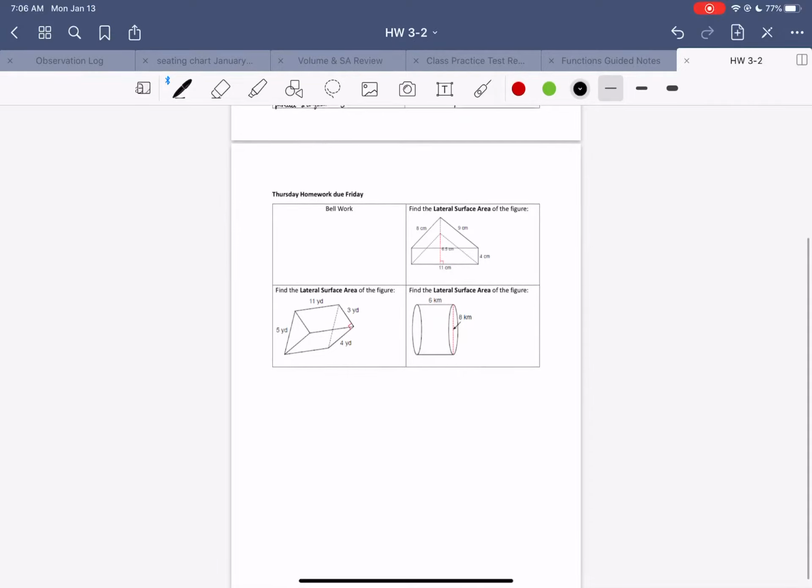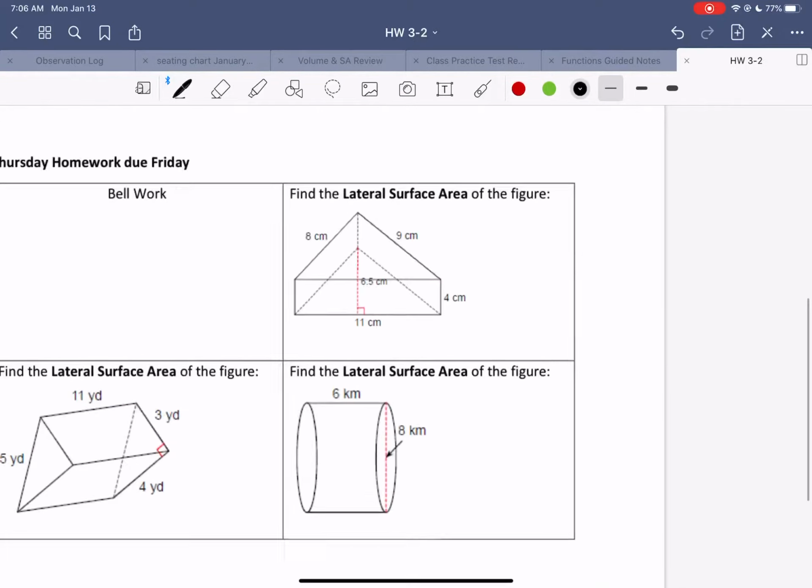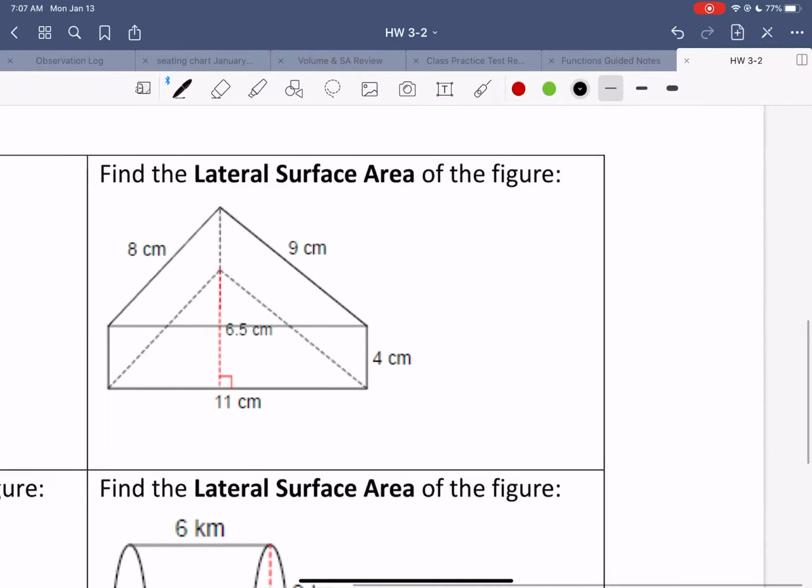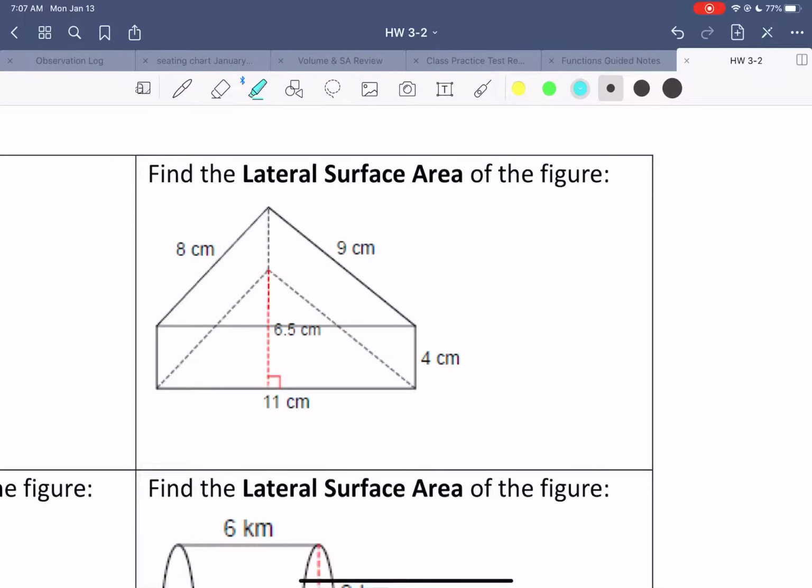And our last section is looking like lateral surface area. Same section of the formula chart, but we're going to have to look a little bit to the left, and our formula here is surface area equals the perimeter of the base times the height.